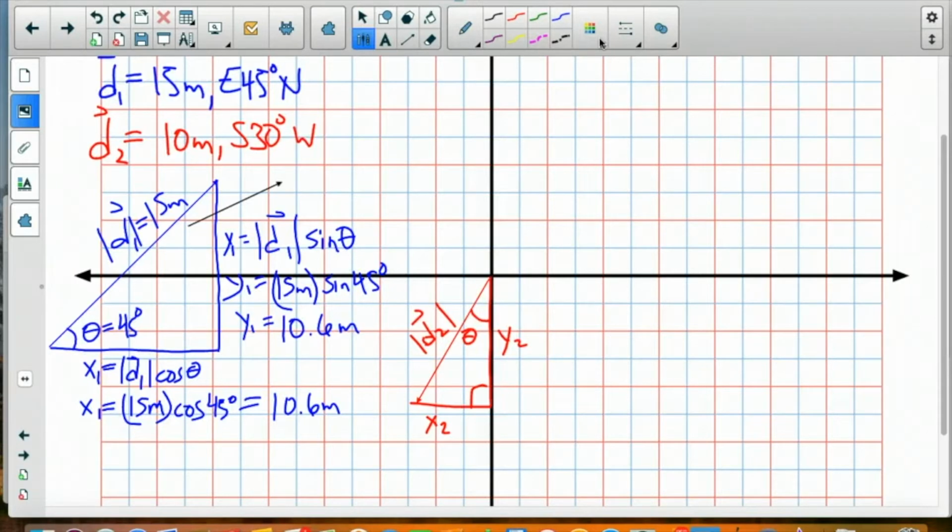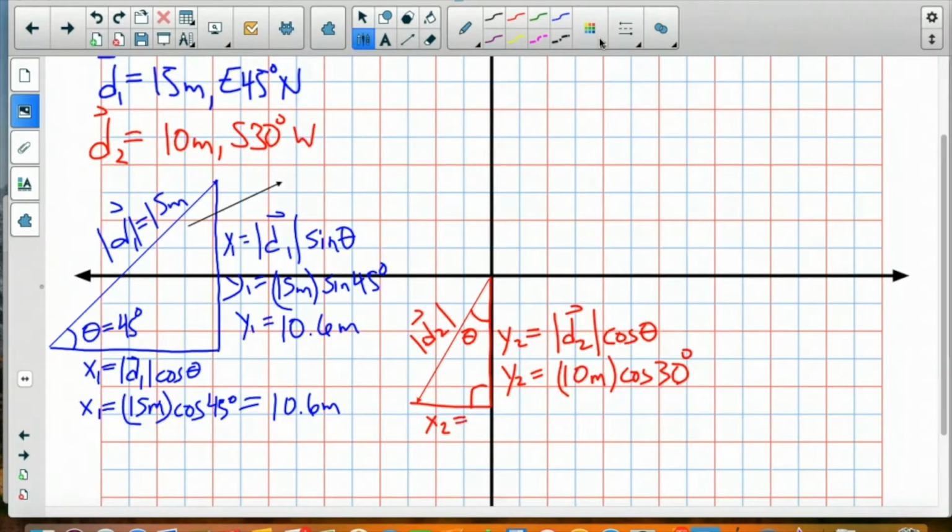And you'll notice because of where our angle is, that our sines and cosines are going to get flipped in this case. So y2 is going to be the length of D2 times the cosine of theta, which in this case is 10 meters times the cosine of 30 degrees.